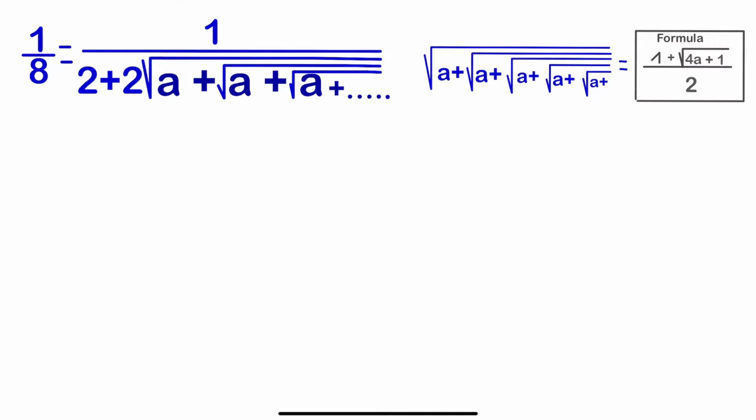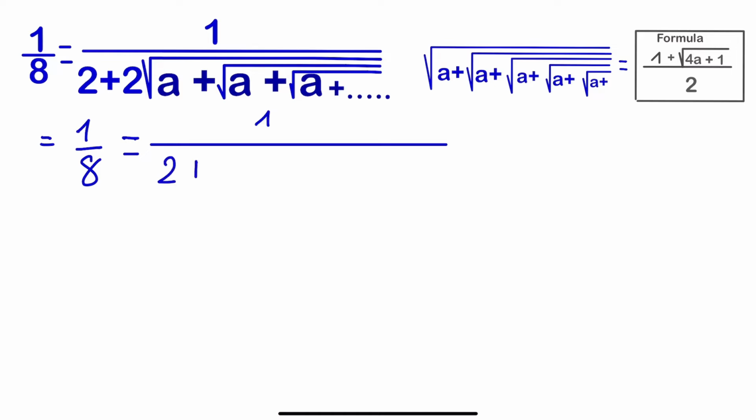So let's get started. I'm going to write this fraction first. 1 over 8 should be equal to 1 over 2 plus 2 plus this 2. Now, instead of writing the infinite square root of a, this can be replaced by this formula.